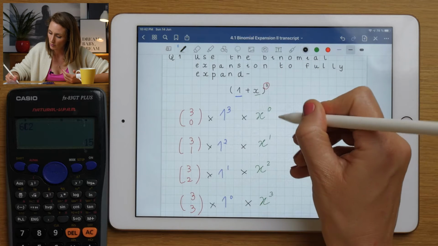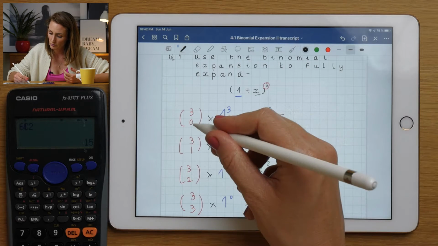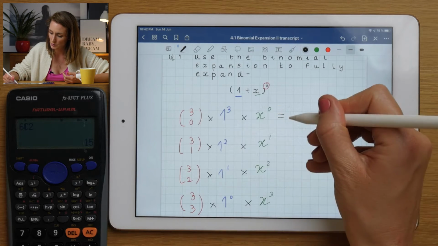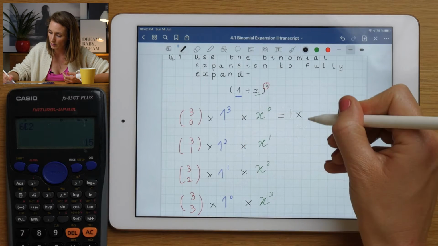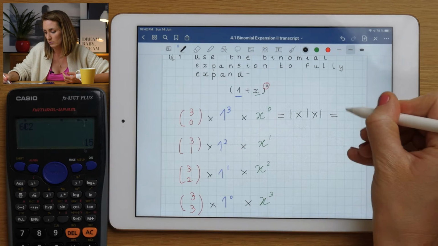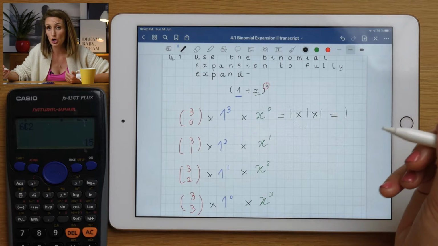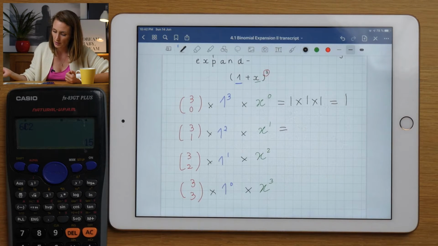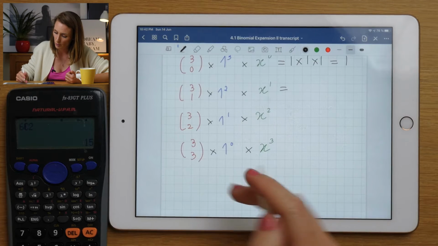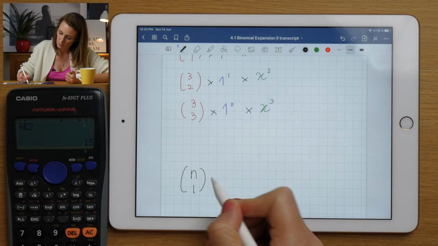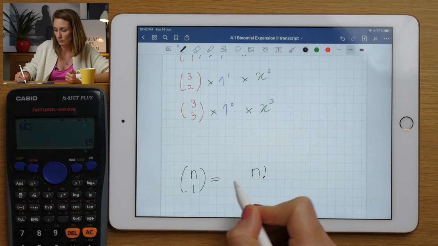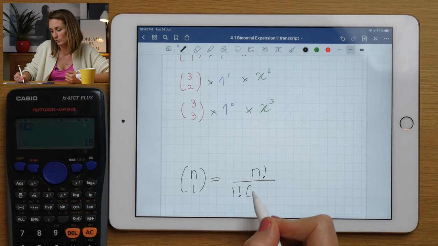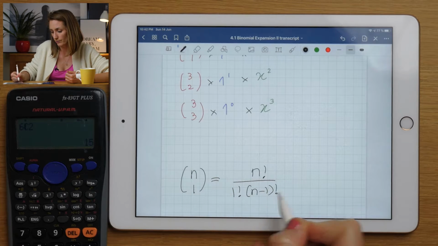Now, I know these are already off by heart, but 3 choose 0, we said anything choose 0 is always 1. Any power of 1 is 1, and x to the power of 0 is 1. So the first term in our expansion is 1. 3 choose 1, again, n choose 1, guys, is always going to be n, because you're going to have n factorial divided by 1 factorial times (n minus 1) factorial.